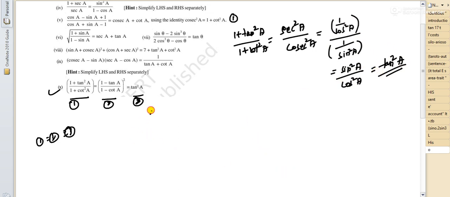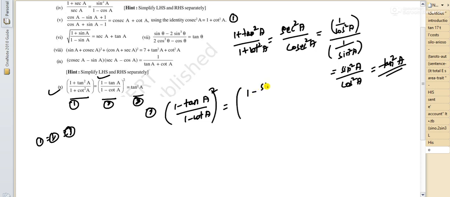Now coming to 2, this one. So I will write this like this: 1 by 1 minus tan a divided by 1 minus cot a whole square. Correct? So what can we do here? Yes, again separate them. Write this as 1 by 1 minus sine a by cos a, again 1 minus cos a by sine a whole square.